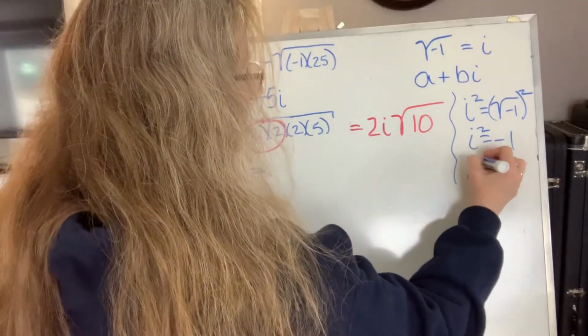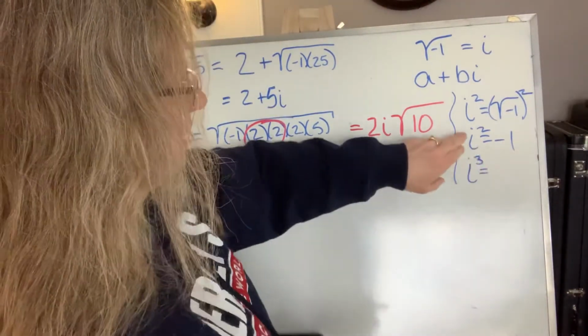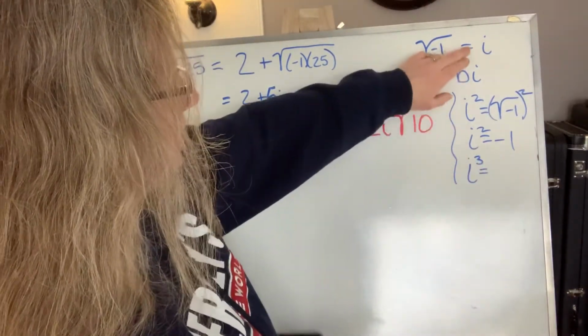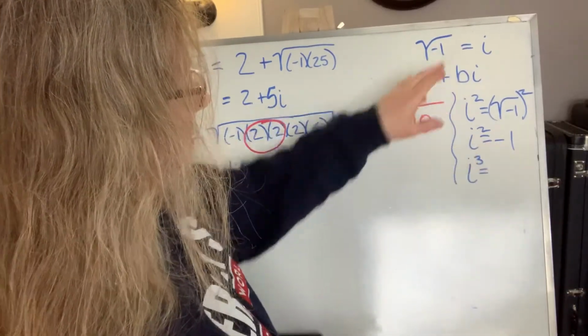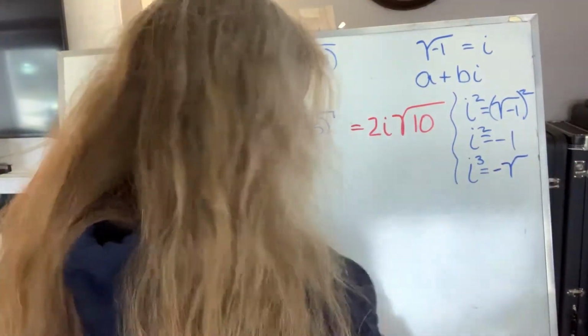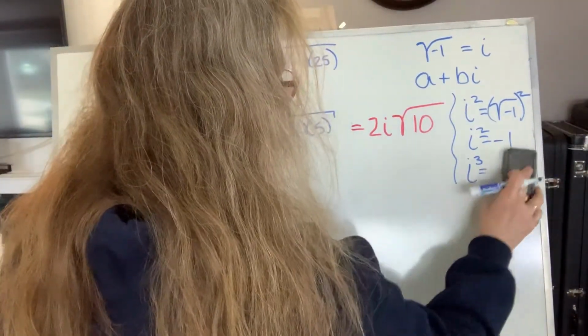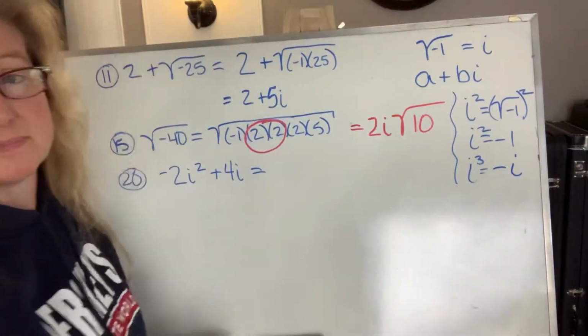Let's see what i cubed is. Well, it's i squared times i. So I have -1 times the square root of -1. It's the negative, whoops, I wanted to simplify it. It's -i, okay?